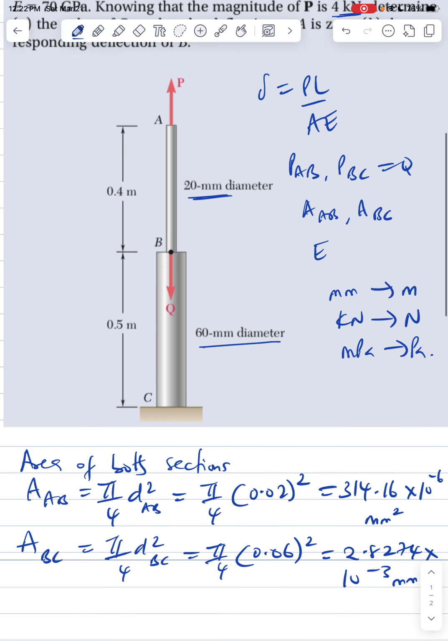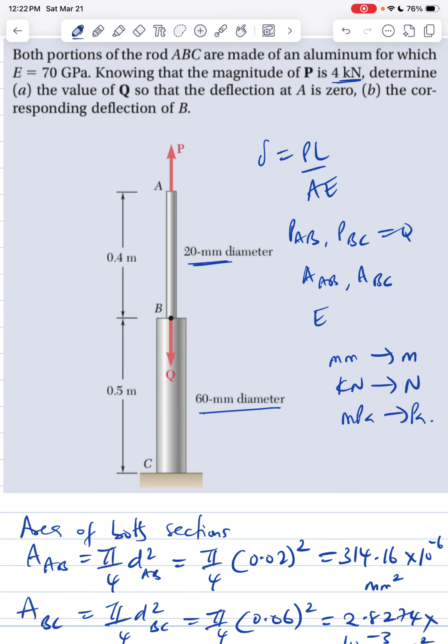Now if you look at this problem closely, you already have an arrow for the force in AB. There's a force P here, it's in tension, acting positive. And then the force in BC. One mistake students typically make is that the force in BC is not just Q, but Q minus P, because there's a resultant effect from P. So the force in this member is Q minus P, and since it's pointing downwards, it's in compression.